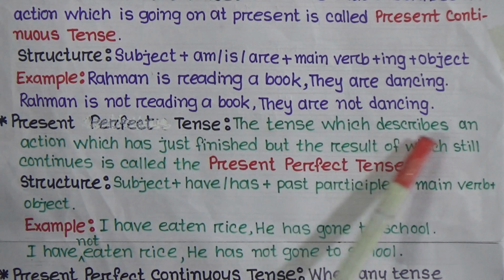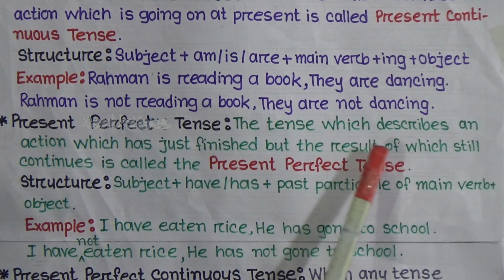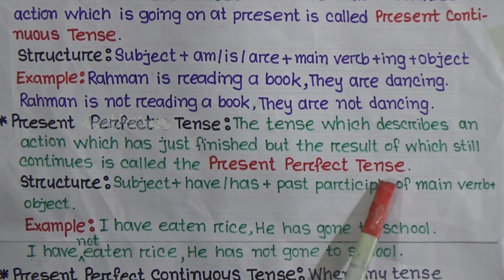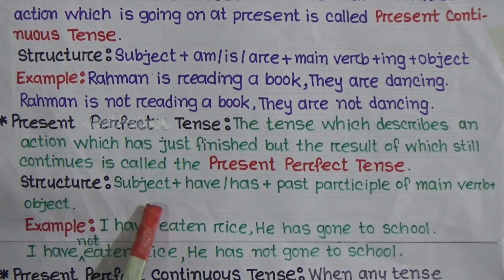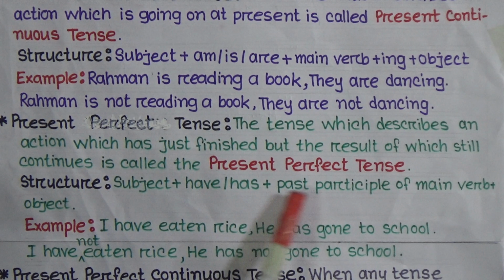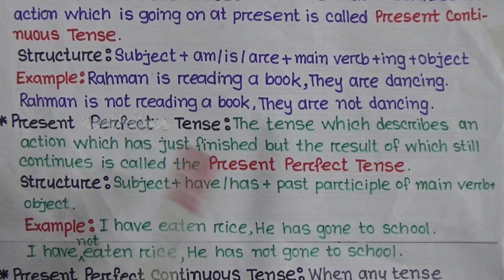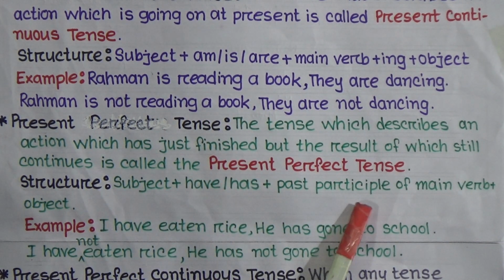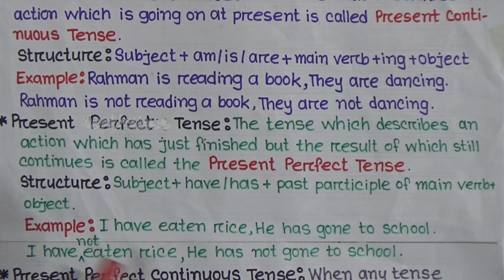The tense which describes an action which has just finished but the result of which still continues is called the present perfect tense. The structure for present perfect tense is subject plus have or has plus the past participle form of the main verb plus object. Students, I am repeating, subject plus have or has plus the past participle form of the main verb plus object.